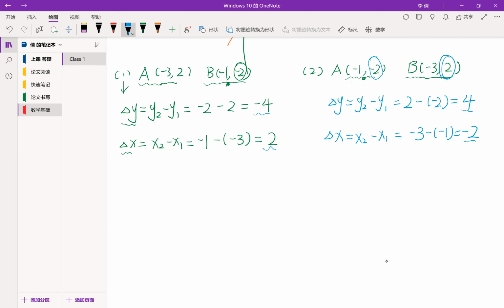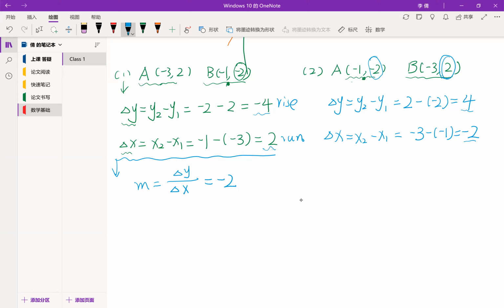But let's say if we use the first one to compute the slope of this line AB, it is equal to delta y over delta x, which is -4 over 2, equal to -2.